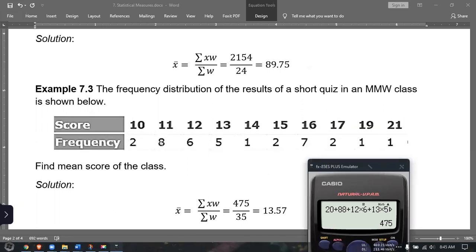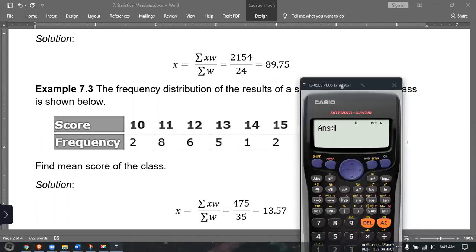Adding the frequencies, we have 35. We have 13.571428, or round this off to the nearest hundredths, or two decimal places.